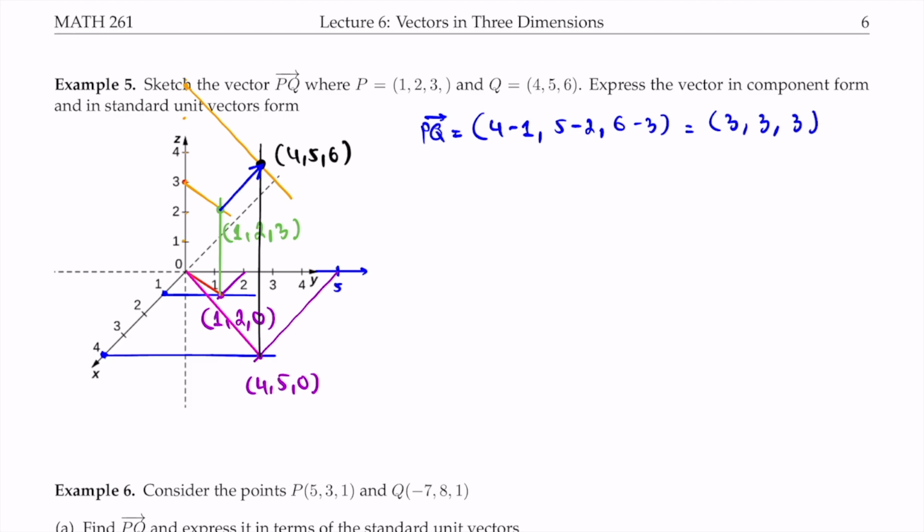So that's the vector PQ. So this vector we just calculated is in the component form. Now we want to rewrite this in the standard unit vector form. So this can be written as 3i hat plus 3j hat plus 3k hat. And that is the result that we're looking for.